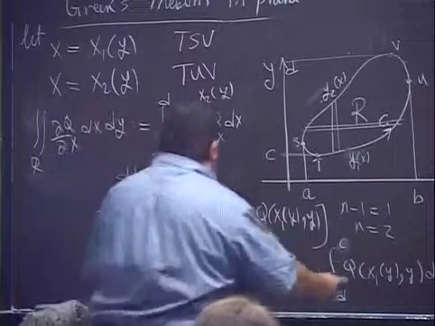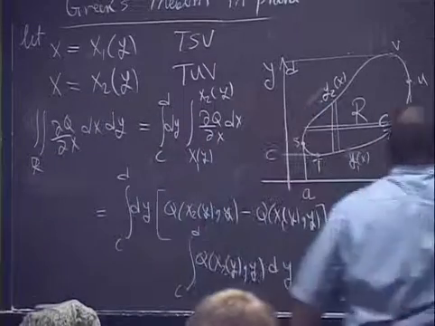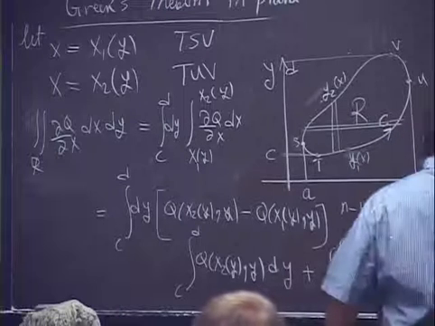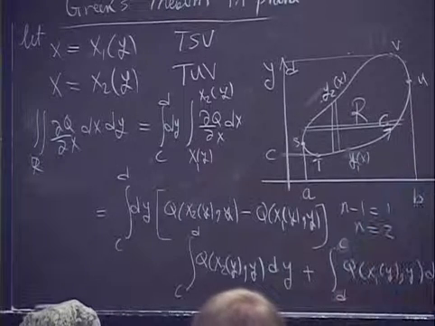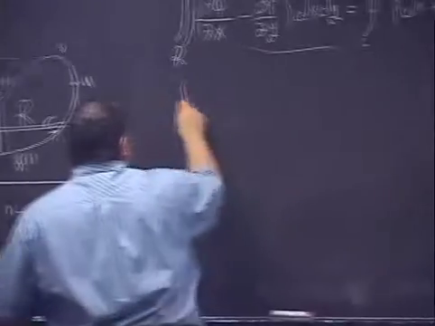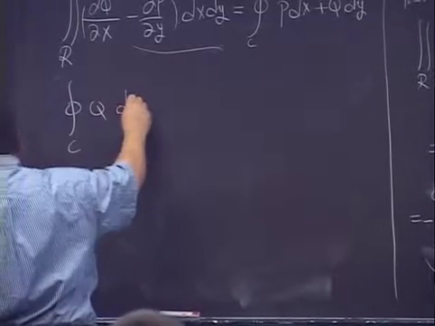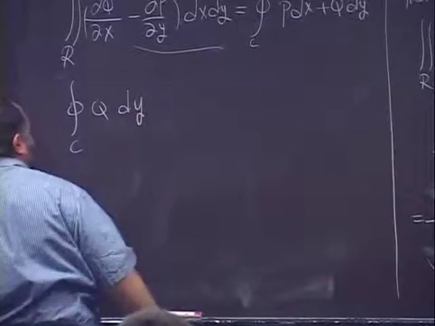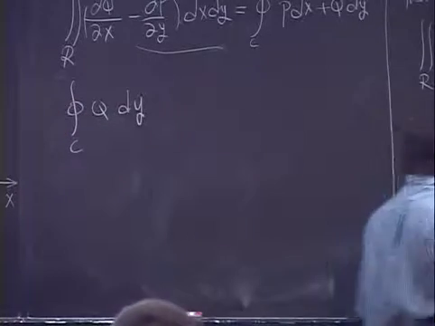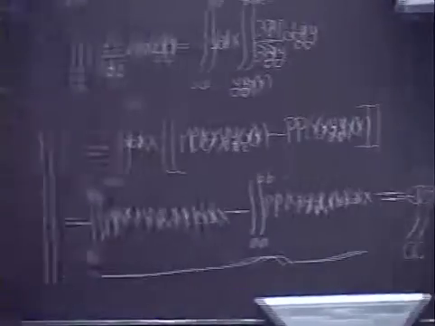So this will give you the closed integration of Q dy for this one. So we'll call this 1, and we will call this 2.